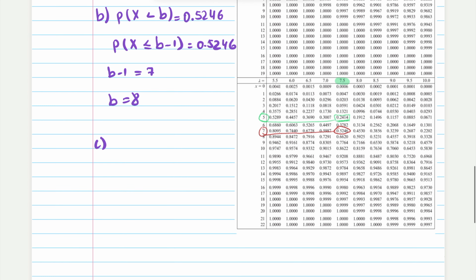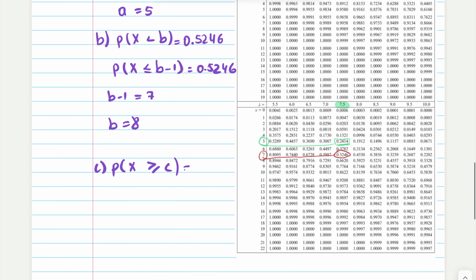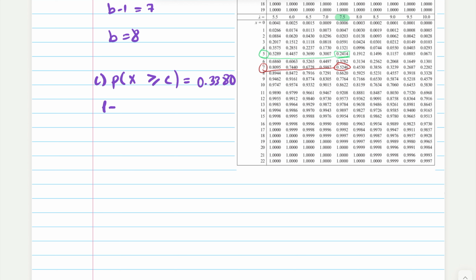Part C is where the probability of X being greater than or equal to C. Is it greater than or equal to C? Yes. It is equal to 0.3380. So this can be written as 1 minus the probability of X being less than or equal to C minus 1 equals 0.3380. So then we can say the probability of X being less than or equal to C minus 1 is equal to 1 minus 0.3380.